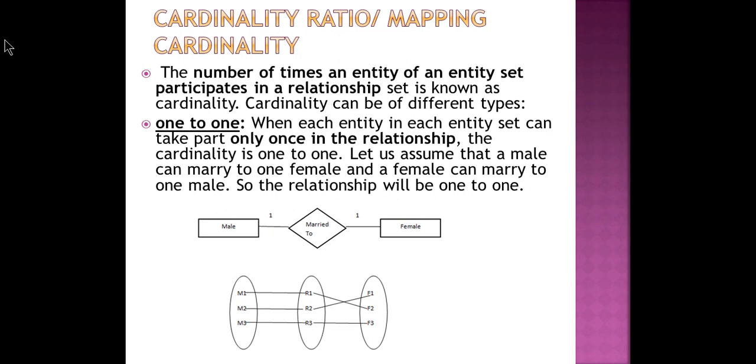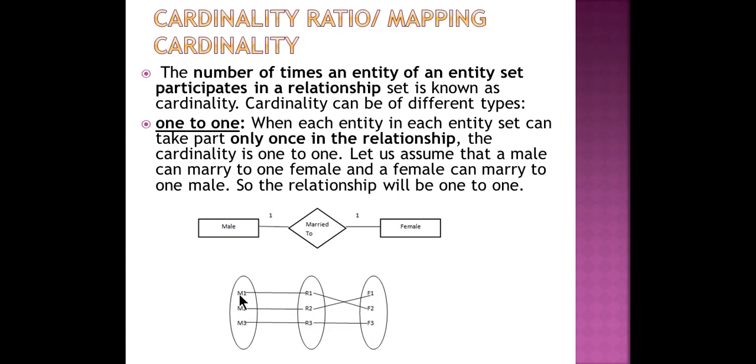You can represent these mapping cardinalities diagrammatically. You can easily understand if you look at the diagram below. In the bottom diagram, the second one, you can see this is one entity set, M1, M2, M3. These are the entities in that entity set. In the rightmost, F1, F2, F3, these are another entity set, and the middle one represents the relationship set R1, R2, R3.